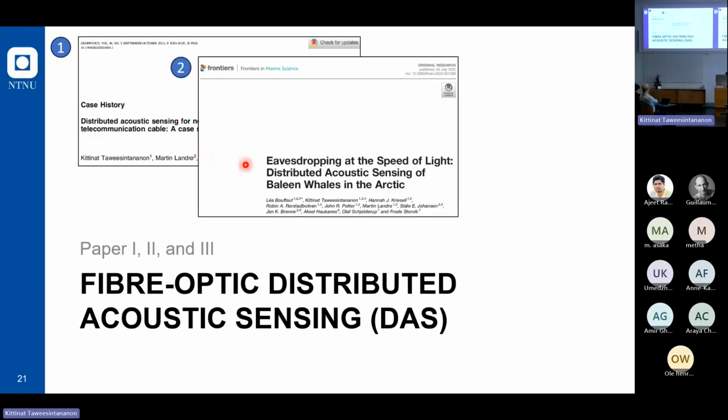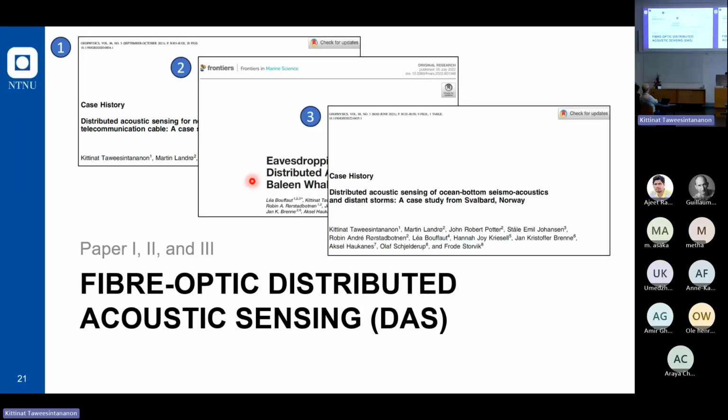The second one, I co-authored with Leah Beaufort, covering seismic data recording using DAS for whale vocalisations. And for the last one, there are many things about it, but I focus on the shear-wave resonance and use it as a subsurface exploration tool.